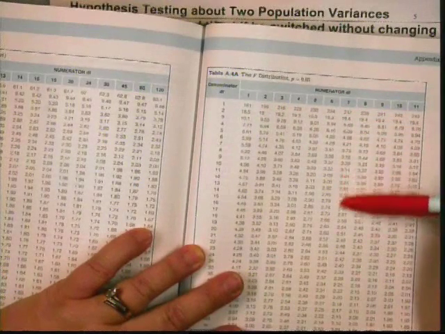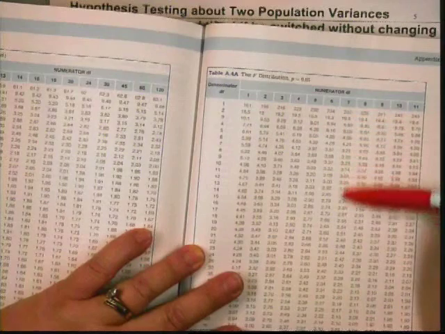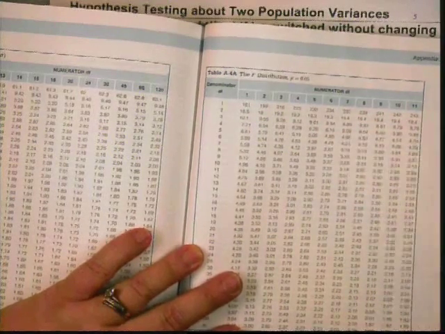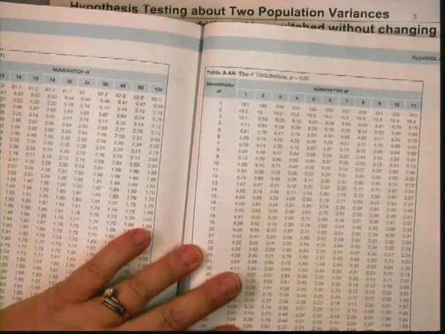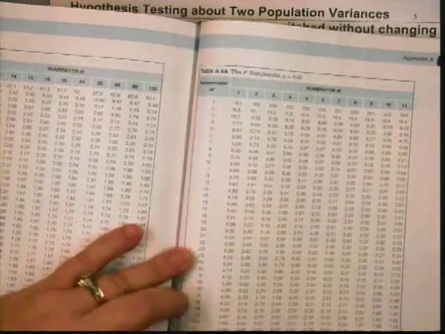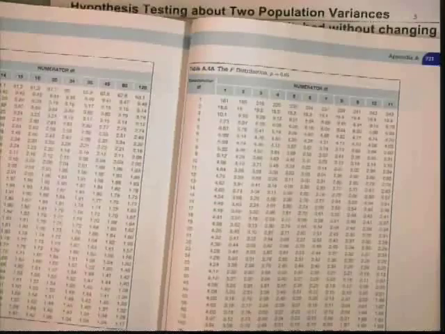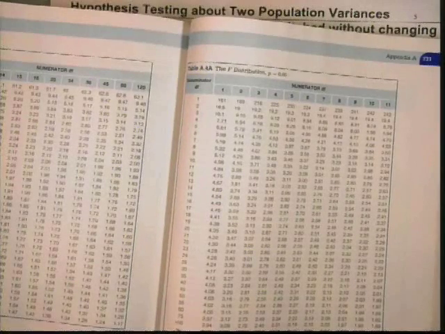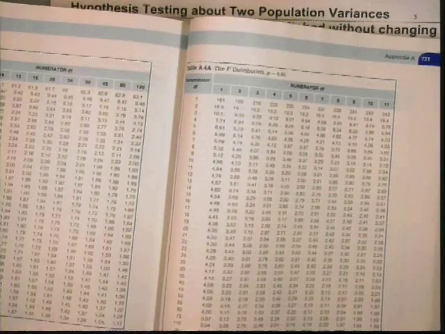As you move down the column, it decreases rapidly within a column. But we don't have that kind of rule of thumb figure anymore, values around 2, like we did with the t distribution.